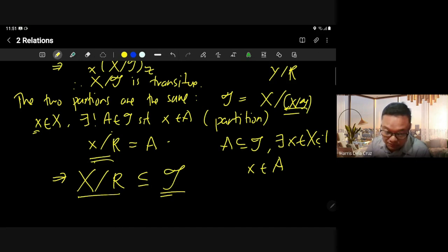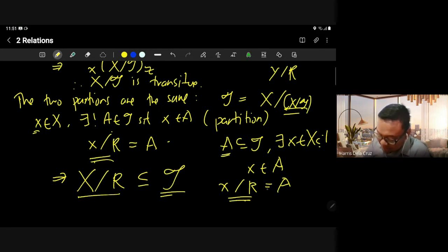Ano ibig sabihin nun? So, ang ibig sabihin nun, si X over R is equal to A. Now, same reason natin kanina. So, yung X over R, magiging A. So, this is an equivalence class. So, yung A natin is an equivalence class.